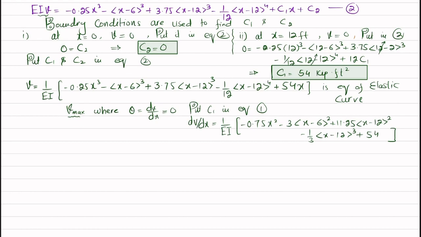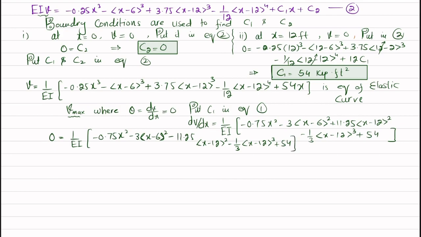So what we will do is put dv over dx is equal to 0, which is equal to 1 over EI into minus 0.75 x square minus 3 into x minus 6 square, this is Macaulay bracket, plus 11.25 into x minus 12 square minus 1 over 3 into x minus 12 whole cube plus 54.